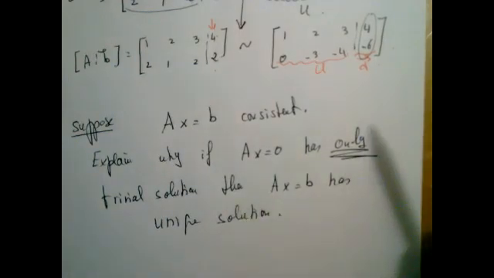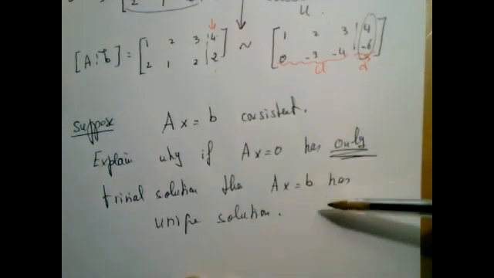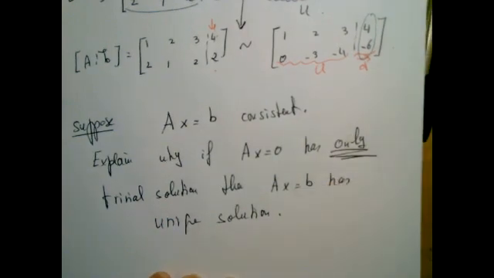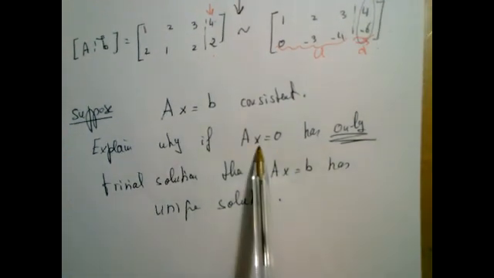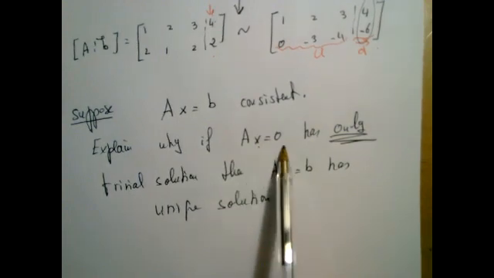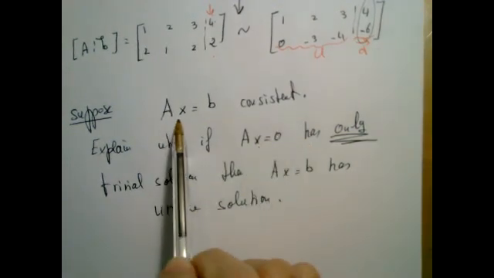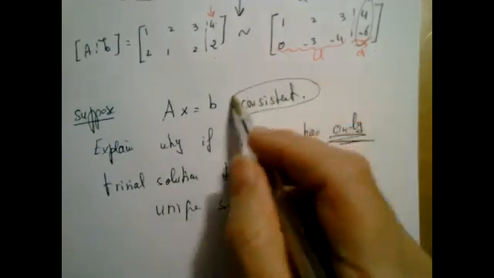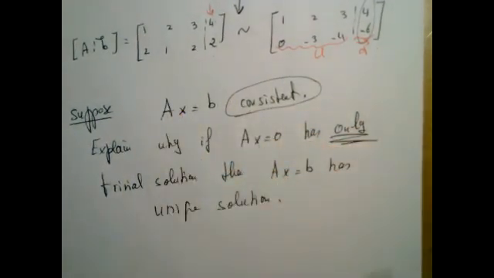Why, if AX equal to 0 has only the trivial solution, then if I plug in the B, I will have only one solution? Who can provide us with an explanation of why this is the case? So why would this information about AX equal to 0, the homogeneous system, help me, granting consistency, to make a good explanation for AX equal to B? Anybody have any idea what's the picture in here? What's the picture?